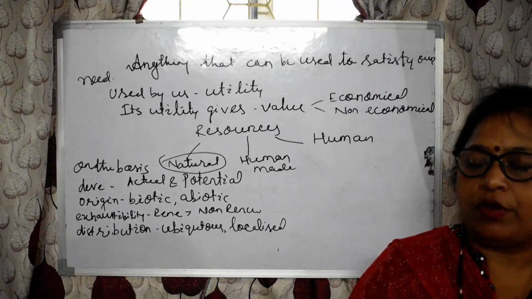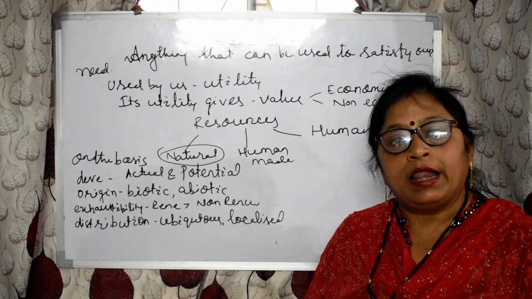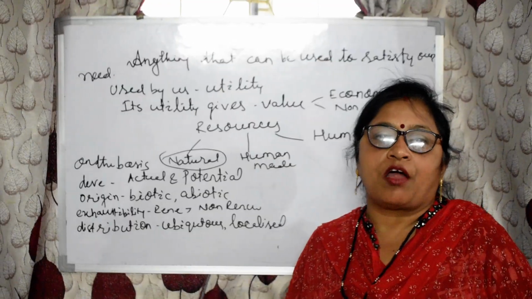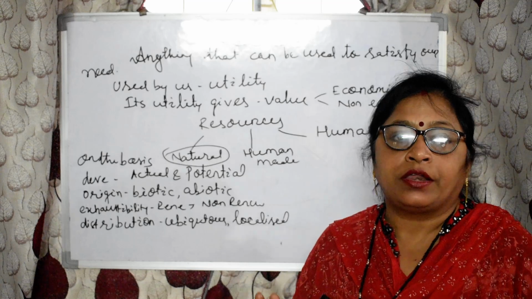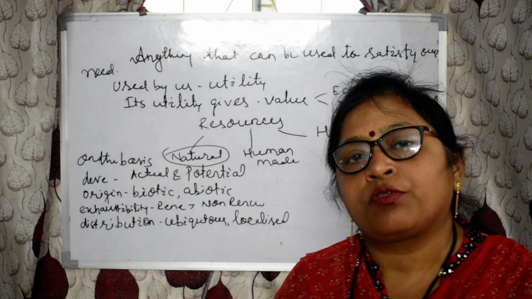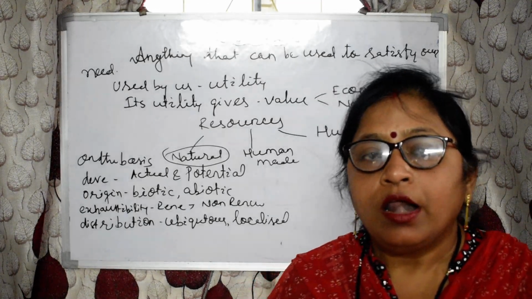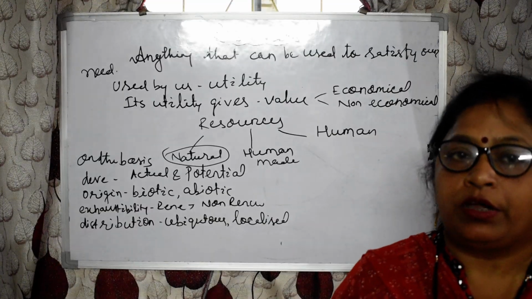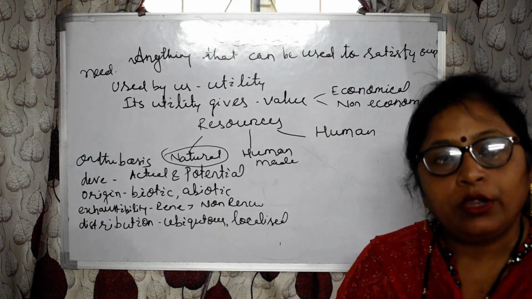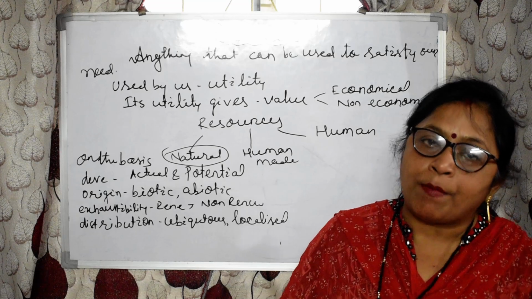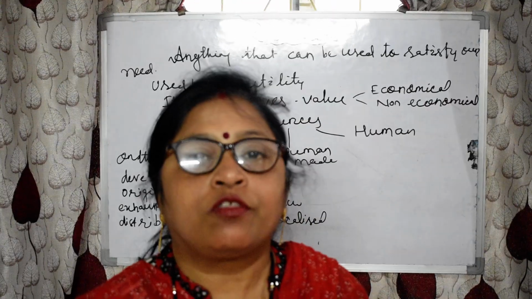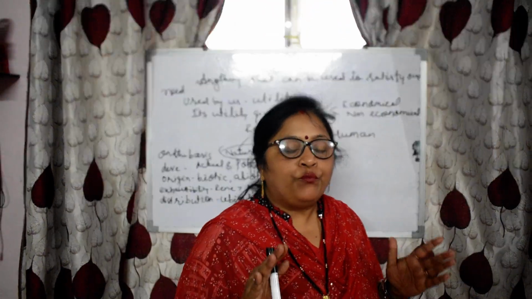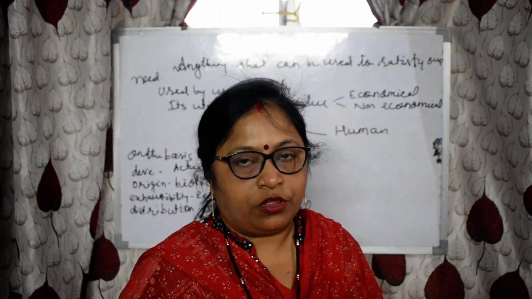First of all, we should learn how on the basis of development the resources are divided into actual resource and potential resource. Listen, an actual resource is one whose value, utility, quality and quantity are known to us, and we are using this resource.